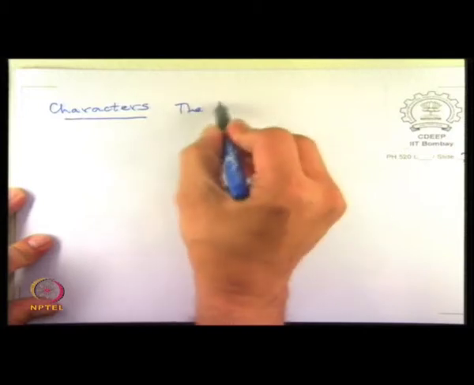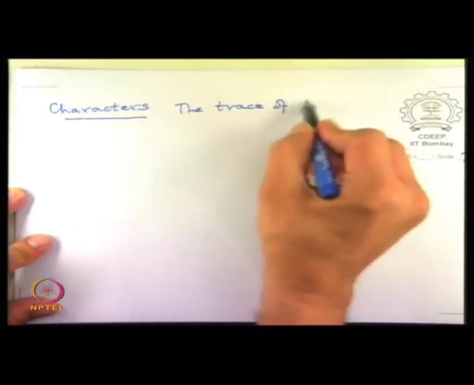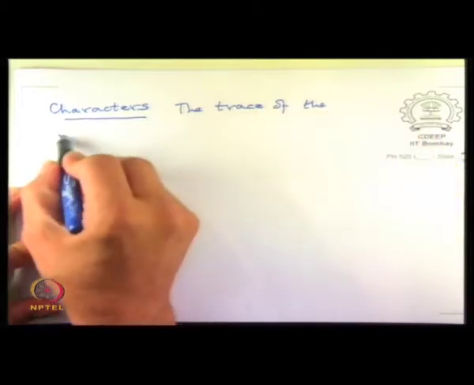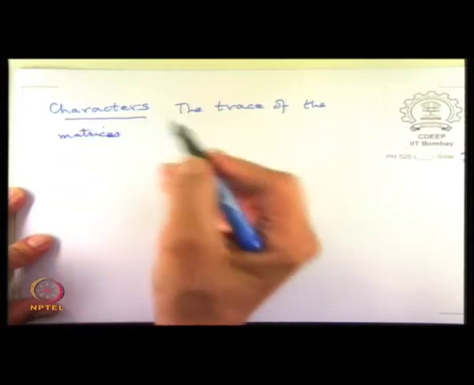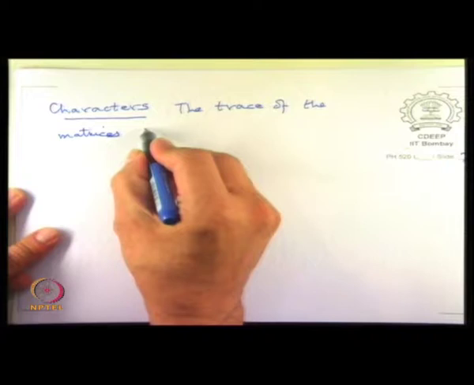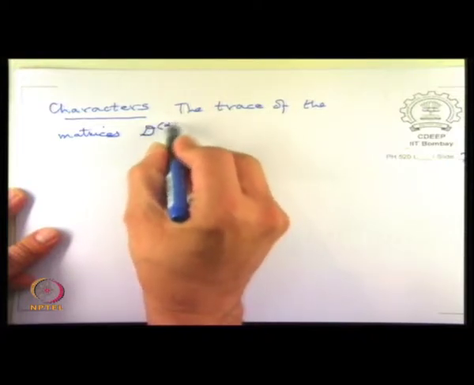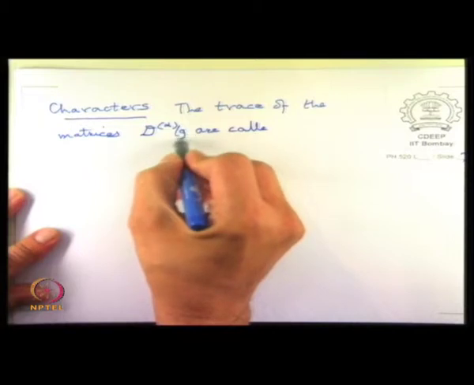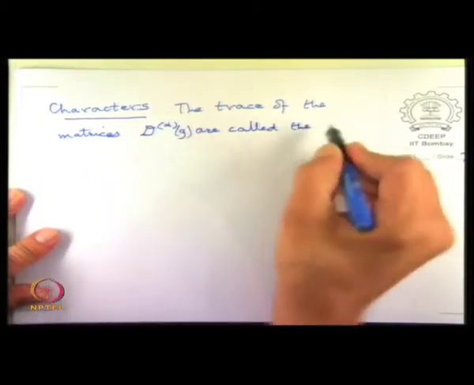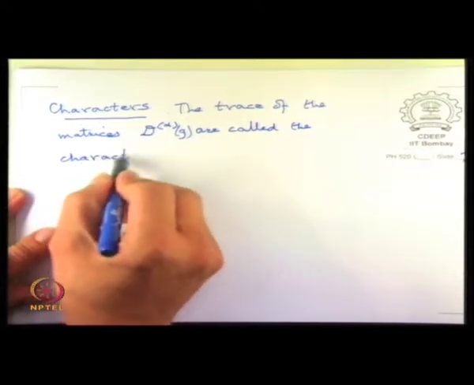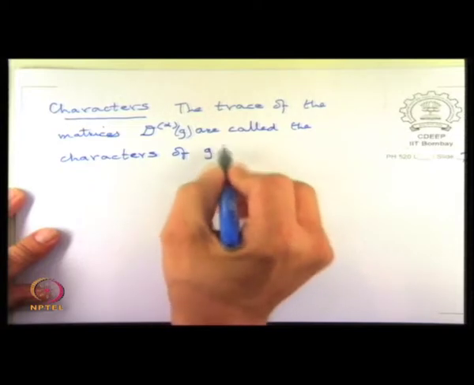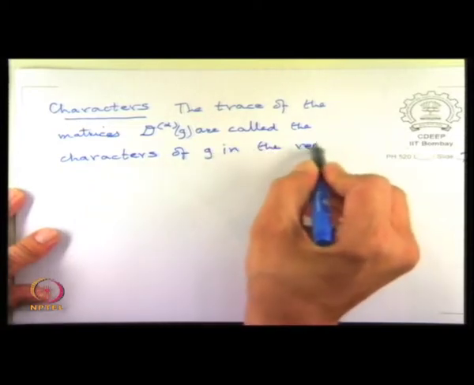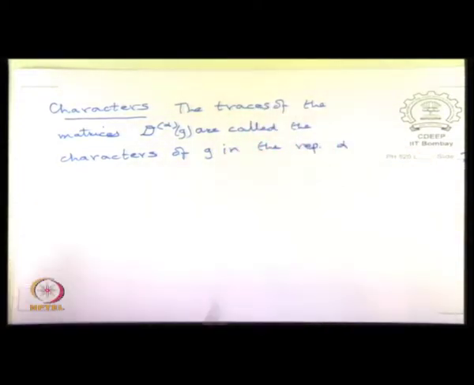The traces of the matrices D alpha of G are called the characters of G in the representation alpha.